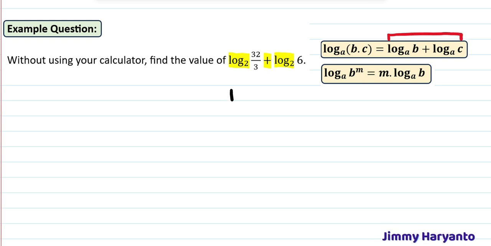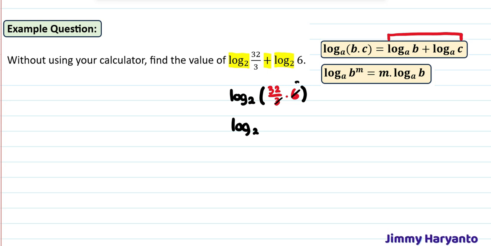Okay, let's convert the questions into this one: 32 over 3 times by 6. So you'll have log 2, and then this one is crossed out. You'll have 64.